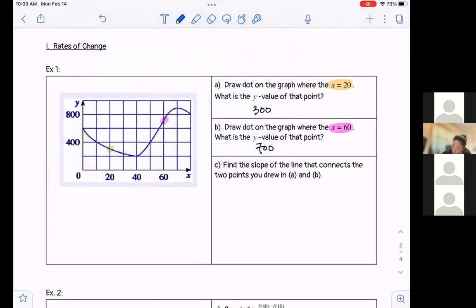So we would want to find the slope of the line that connects the orange dot to the pink dot, right? What formula should we use to find that slope?